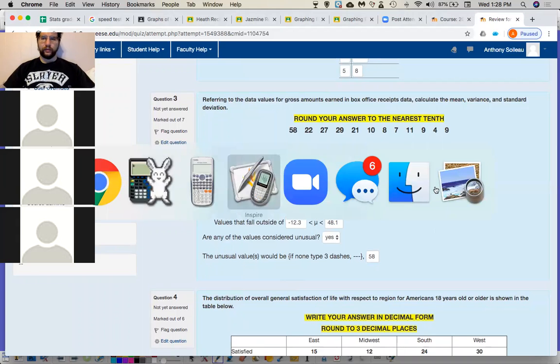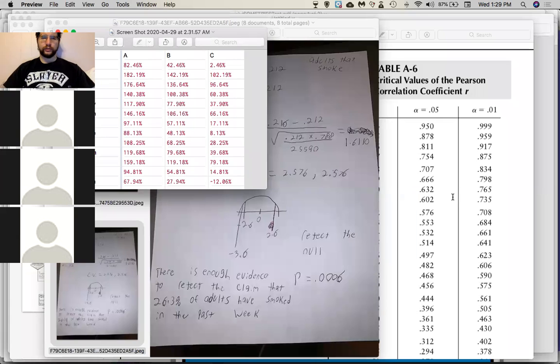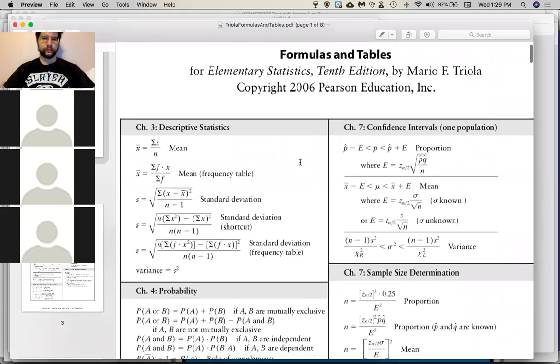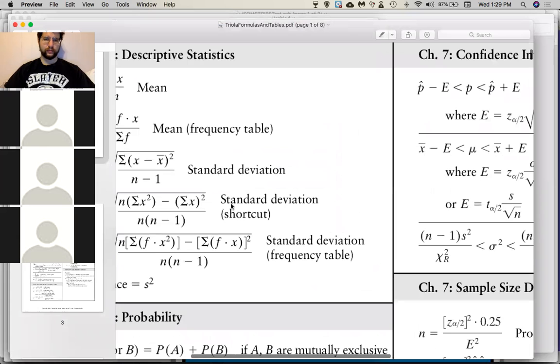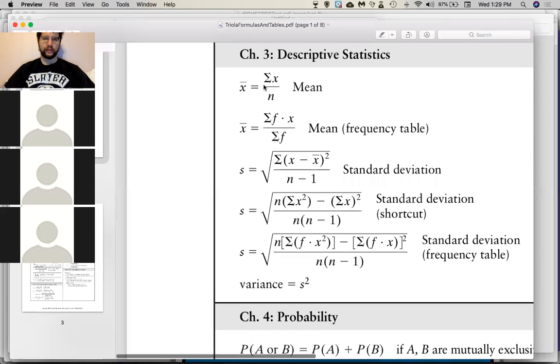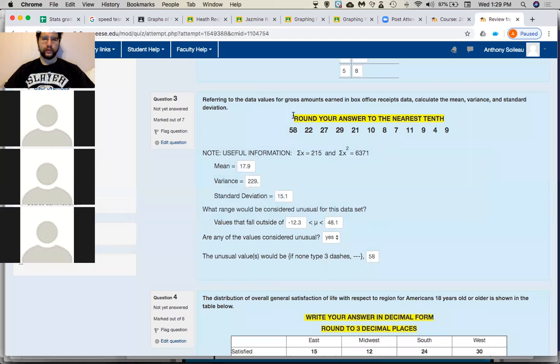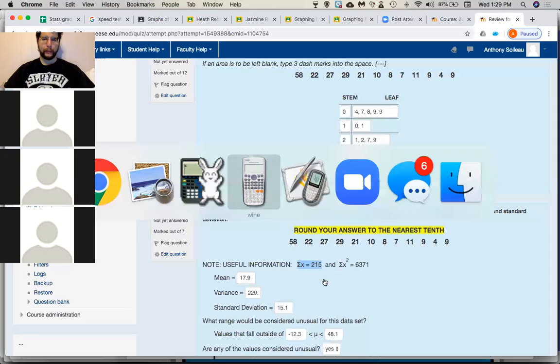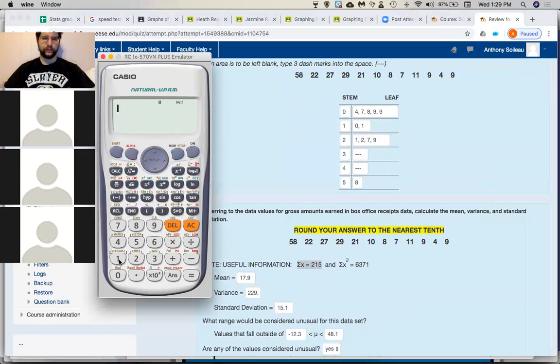And if you were to do this by hand, you use these formulas up here. The mean, sum of x over n. They give you the sum of x right here. So you just divide 215, go to mode 1, 215 divided by, there were 12 numbers, and you get 17.9.